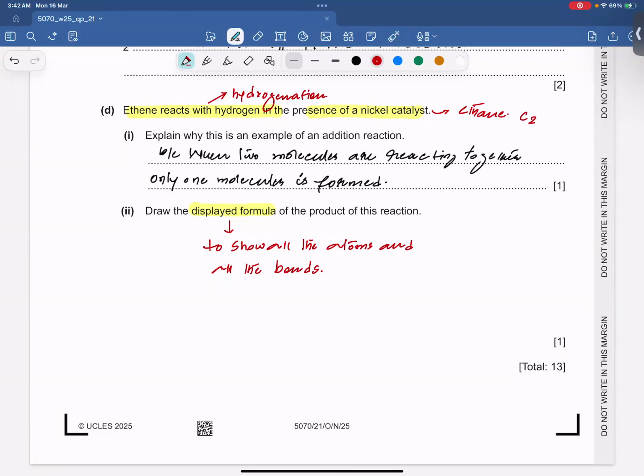Ethane has a formula of C2H6. It is a saturated hydrocarbon, which means between the carbon atoms we need to make a single bond. To satisfy the valency of carbon, we need to put hydrogen atoms. And this is going to be the structure of ethane. Okay, that's an easy thing.